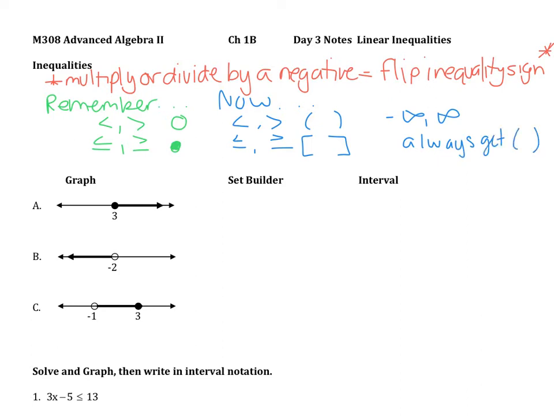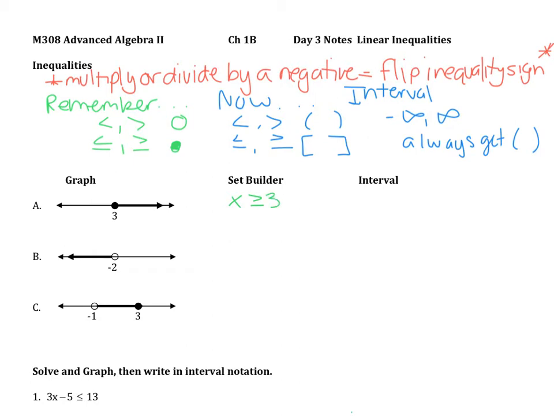This new notation is called interval notation. The old notation was called set builder. So let's take a look at some of the graphs of things that you've seen before. This first one shows an arrow going to the right off of the number 3. So before, you would represent that as x greater than or equal to 3.